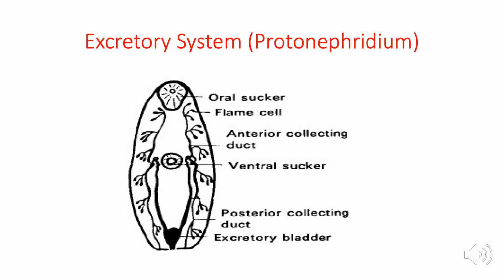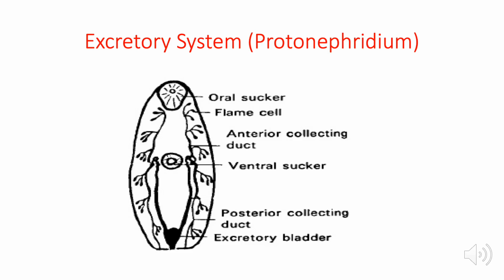In the case of trematodes, what will act as kidney is the flame cell. So you look for the flame cell in the picture. The flame cell will eliminate the waste products, and the waste products will be drained into the collecting ducts. We have there the anterior and posterior collecting ducts, and they are the ones equivalent to our ureters.